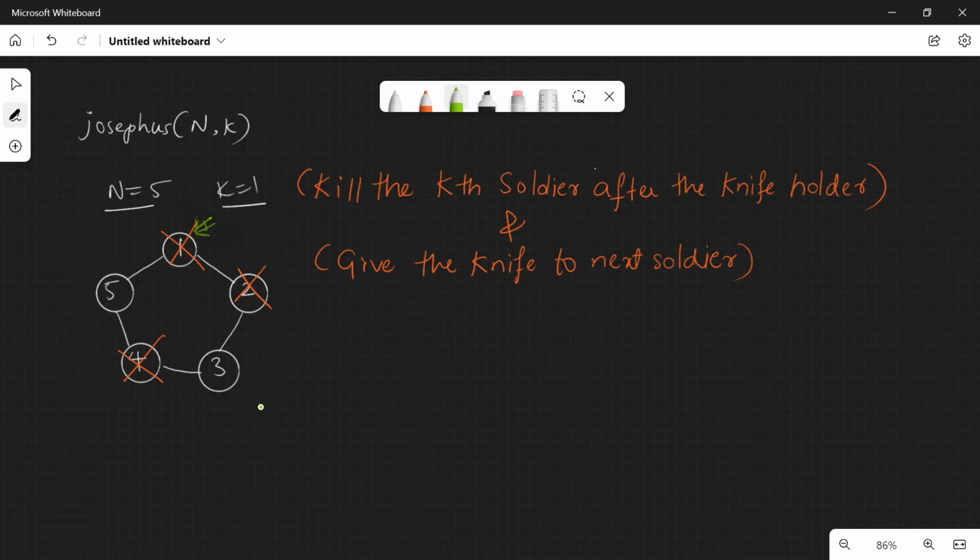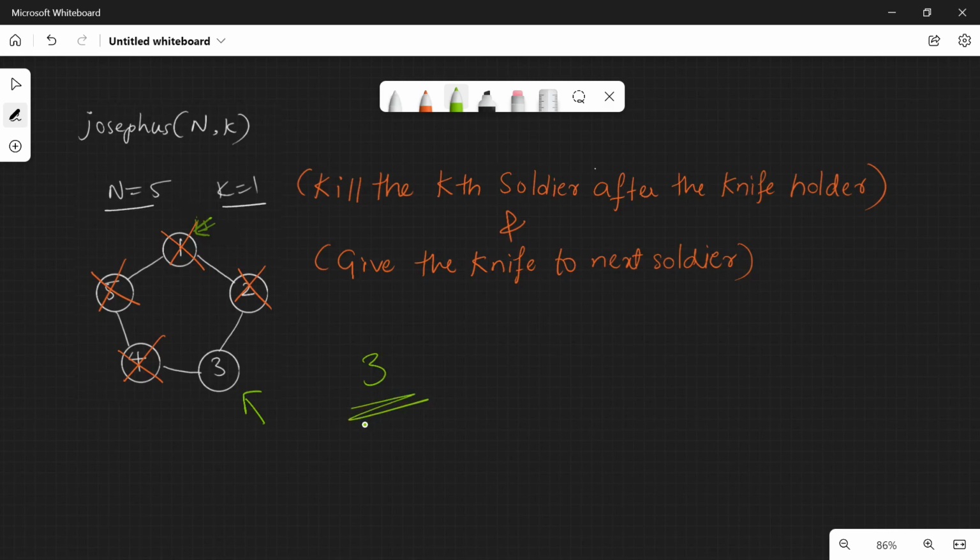Now 3 will kill the first soldier after him, which is 5, and he will be the winner of this game. Everybody else is killed, only 3 remains. We have to return 3. 3 will be our answer.